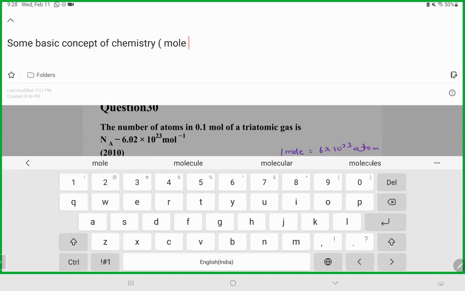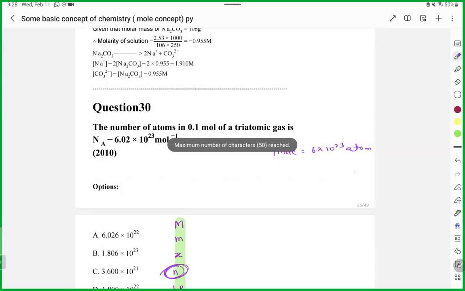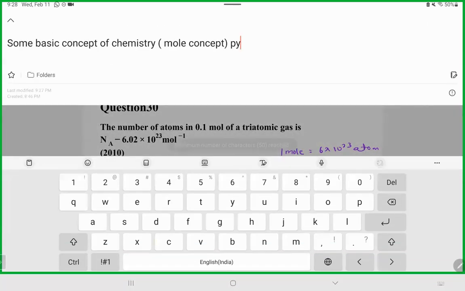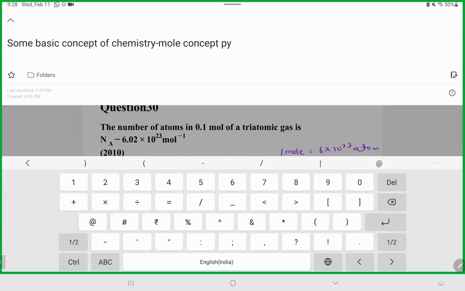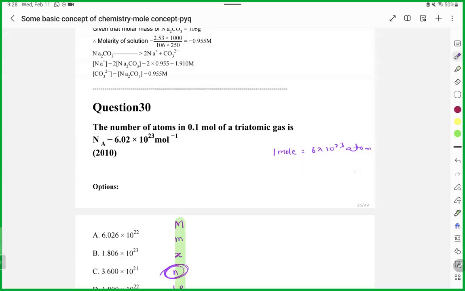Got it, guys? Yes, sir. PYQ. That's all.